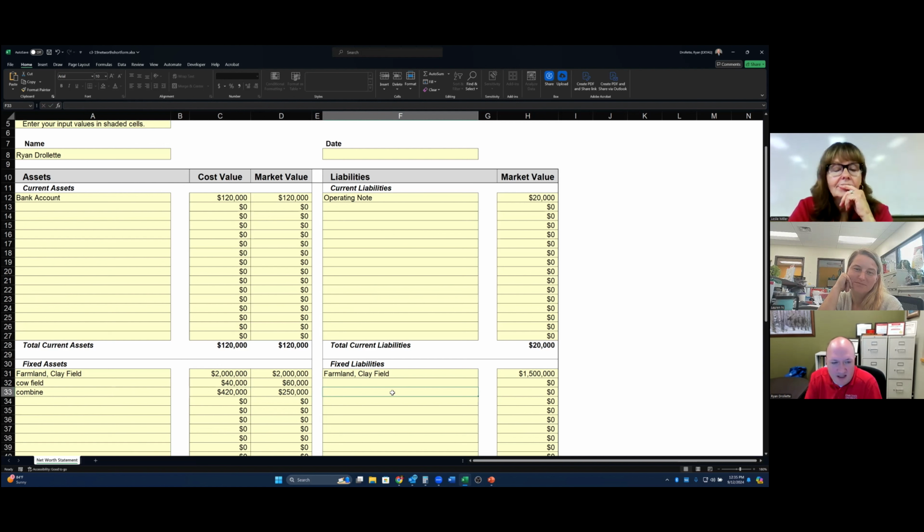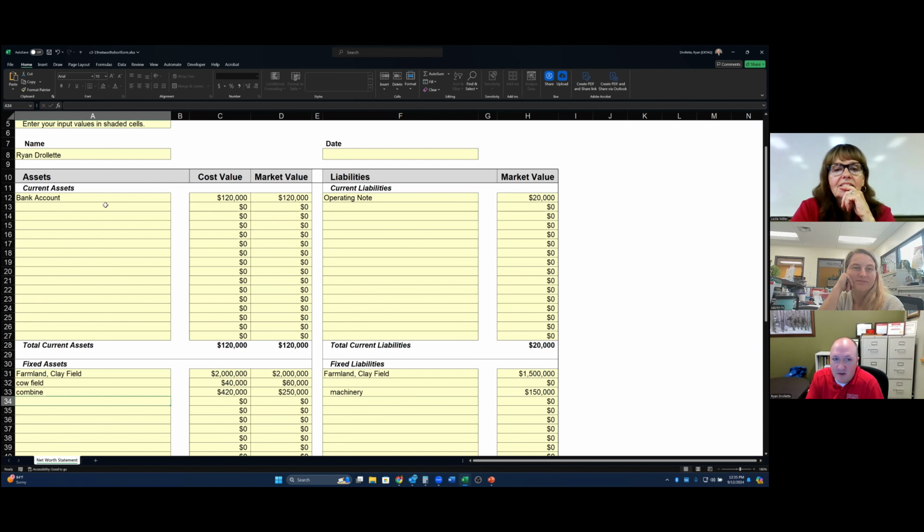On the liability side, let's say I've got a loan on machinery and I've got 150,000 of machinery expenses that are long-term.